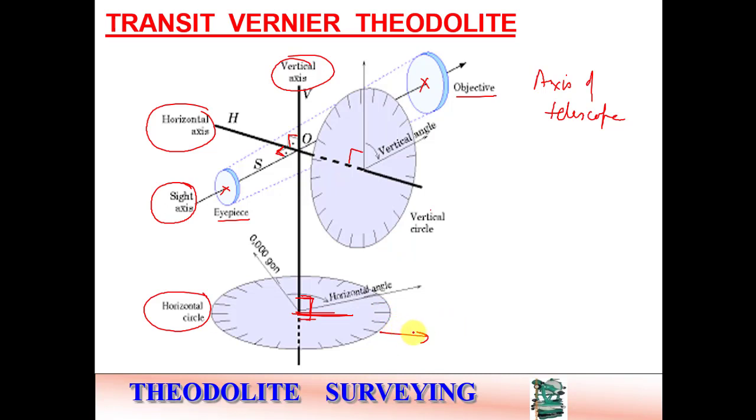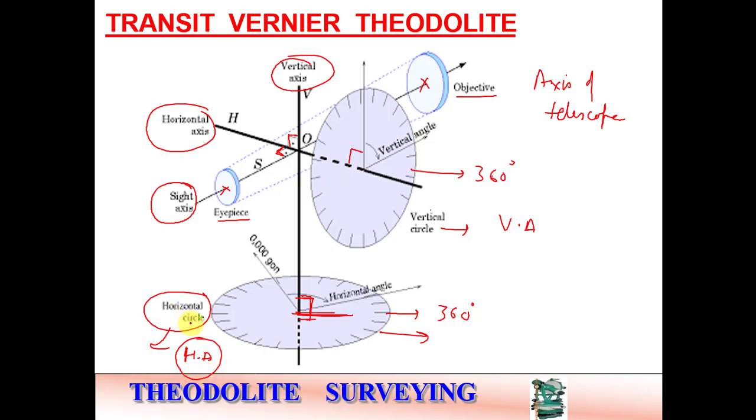So these circles are very important. On this circle we have a total angle of 360 degrees, as well as 360 degrees on your vertical circle. This vertical circle is useful to find your vertical angles, and the horizontal circle is useful for horizontal angles.